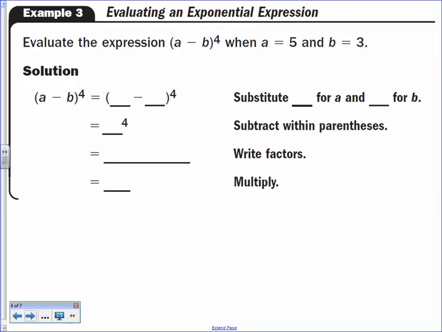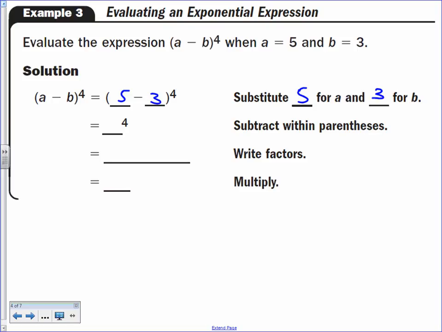Okay, example 3, evaluate the expression (a minus b) to the fourth power when a equals 5, b equals 3. So substitute 5 for a, and 3 for b. So 5 there, 3 there. What would I do first?